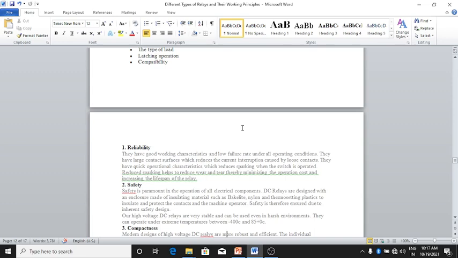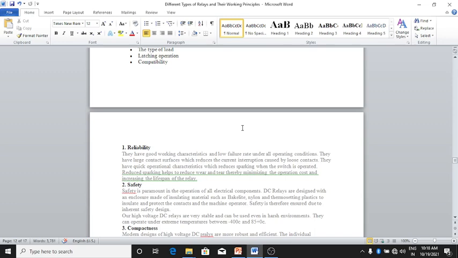They have quick operation characteristics which reduces sparking when the switch is operated. Reduced sparking helps to reduce wear and tear, thereby minimizing the operation cost and increasing the lifespan of the relay. Clear?